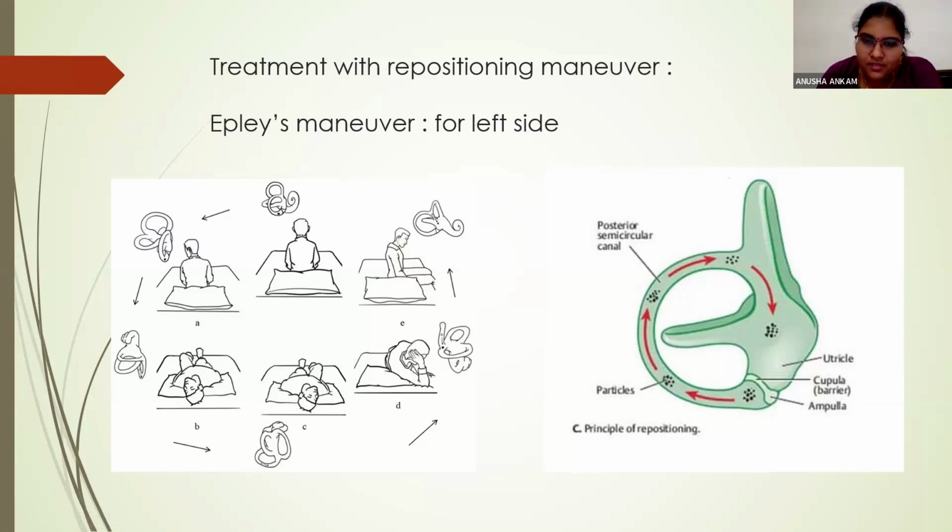So throughout the Epley's maneuver, we should get upbeating and torsional towards the left side, from the first step to the last step. That is the important point. While doing the maneuver, we should get nystagmus in only one direction, upbeating and left torsional, in each step.